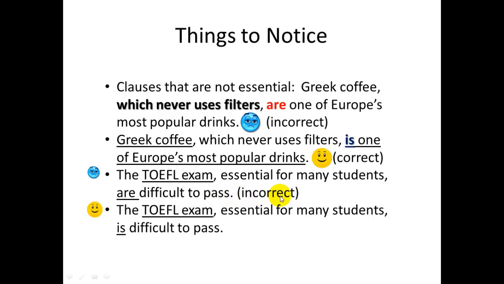Why is it incorrect? Because the subject is TOEFL exam, and it is singular. Students is a plural noun, but it is not the subject of the sentence, nor is it going along with this verb. These words, essential for many students, are just extra. So, to correct this sentence, I would write, the TOEFL exam, essential for many students, is difficult to pass.